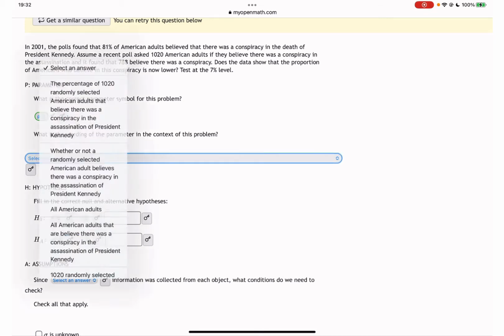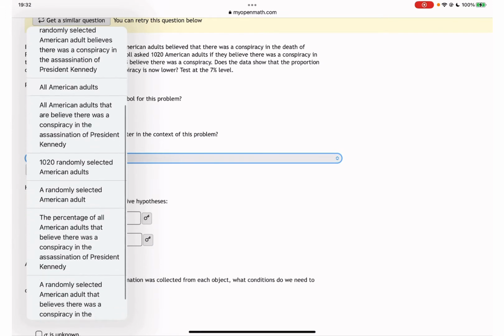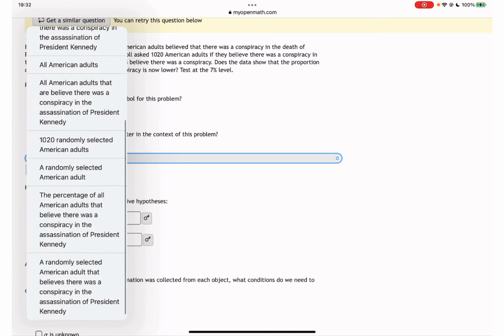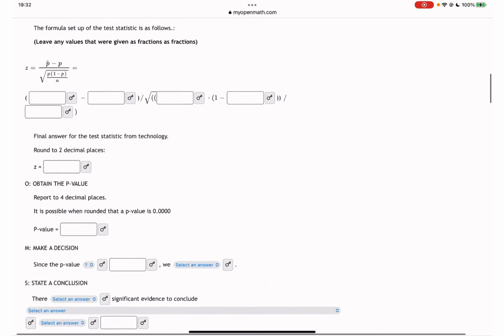It is the percentage of all American adults that believe there was a conspiracy in the assassination of President Kennedy. There we go.